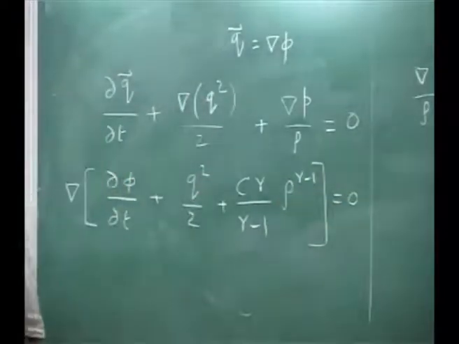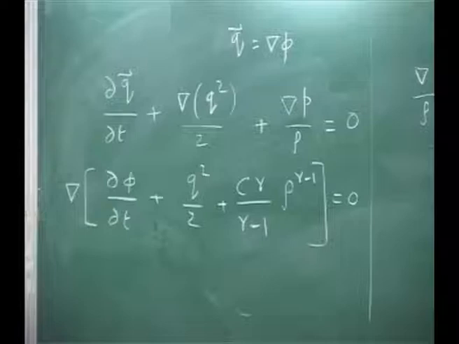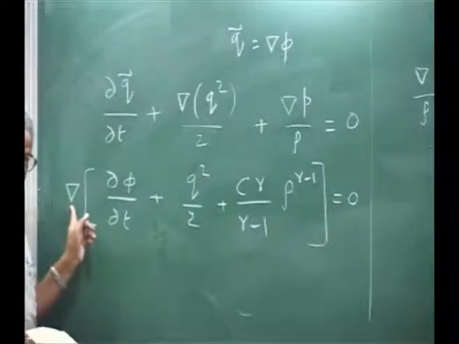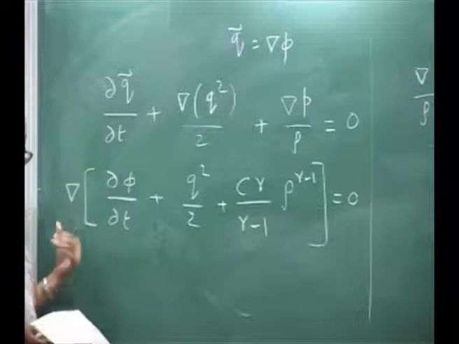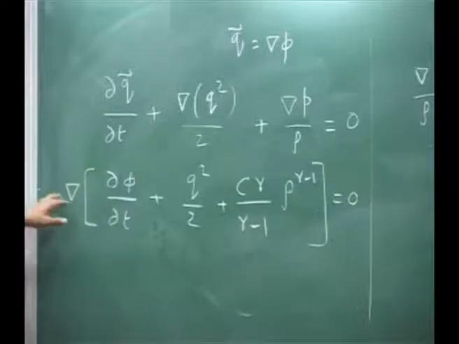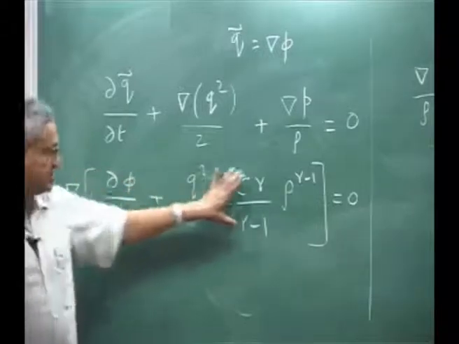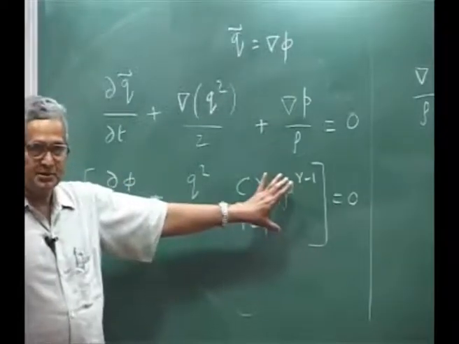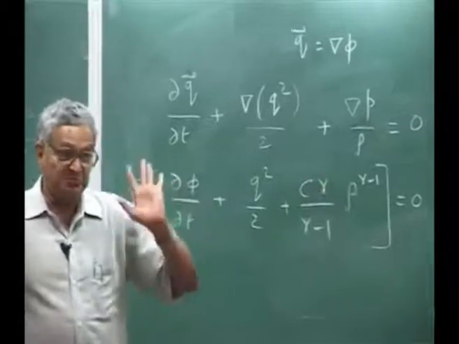Please note, these are all algebra. From now on you will have a lot of algebra only. Now you see, this is the del operator. Del is i delta by delta x, j delta by delta y, and k delta by delta z, which means this quantity inside can only be a function of time.